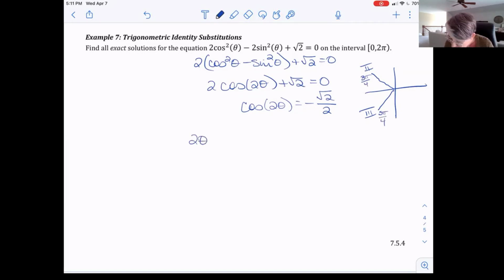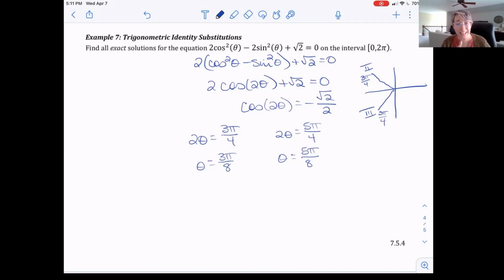So we get 2 theta equals 3 pi over 4 and 2 theta equals 5 pi over 4. We don't want 2 theta, we want just theta. So divide both sides by 2 and we get 3 pi divided by 8 and we get 5 pi divided by 8. But we want to be sure that those are the only angles that work, okay?